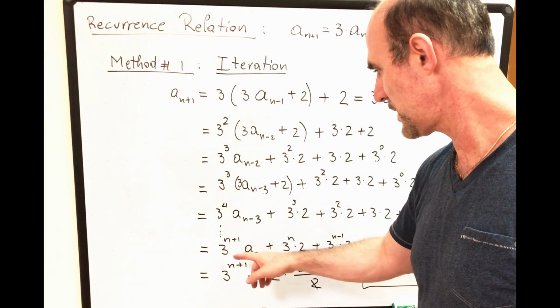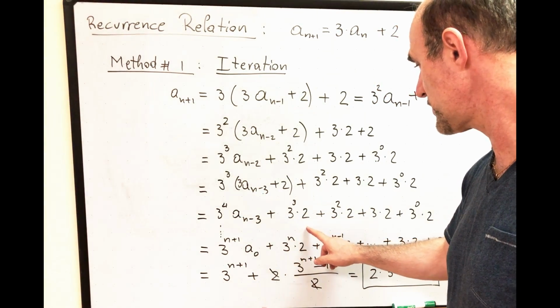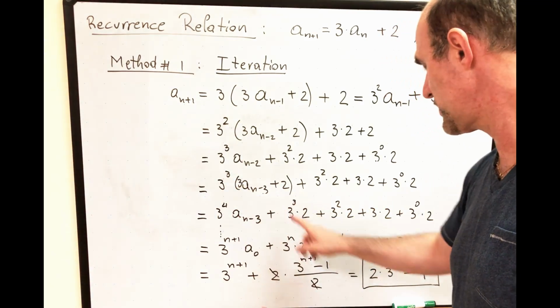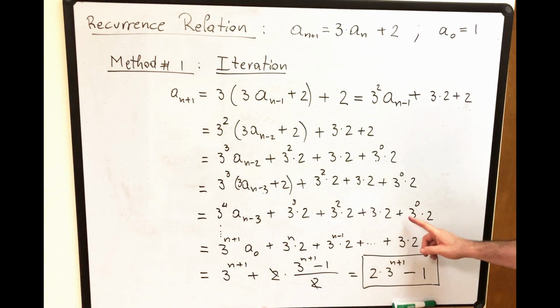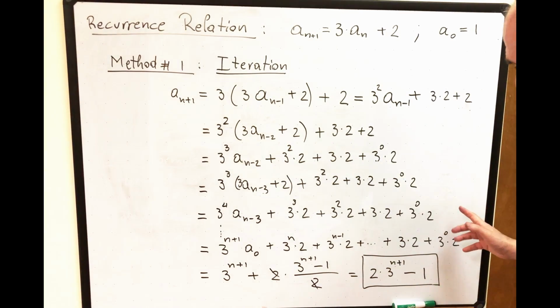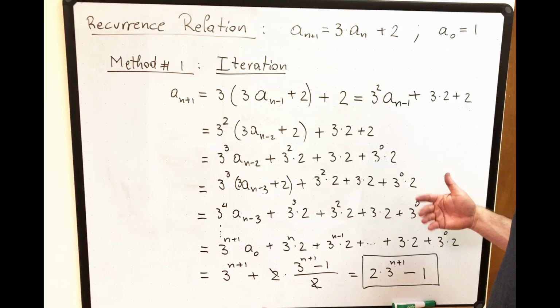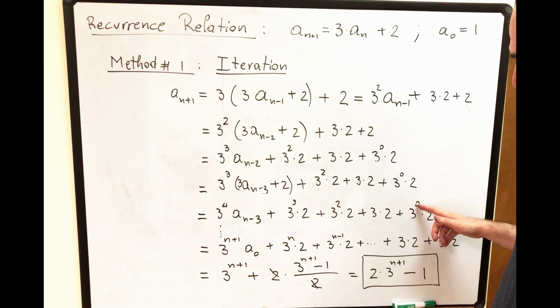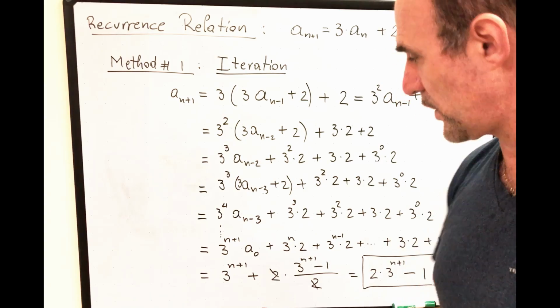Doing multiplications here, 3 to the 4th, a of n minus 3 plus 3 cubed times 2, 3 squared times 2 plus 3 times 2 plus 3 raised to the power of 0 times 2. Now the pattern starts to become clear. What is the pattern? So the tail here is clear, it is going to be 2 times a power of 3, and starts 3 raised to the power of 0, 3, 1, 3 squared, 3 cubed, and so forth.